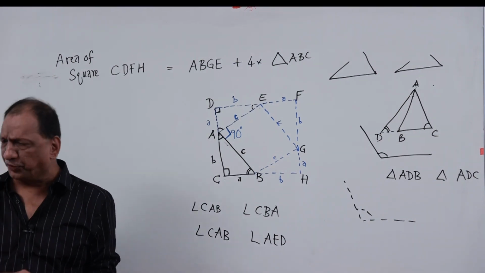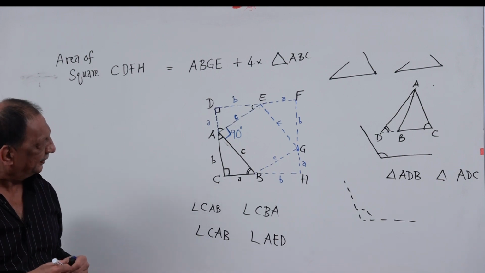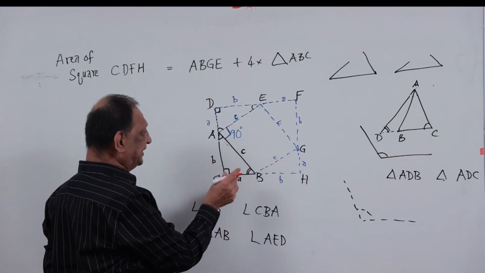Now there is another way of computing the area of the big square, which is to complete the inner squares.